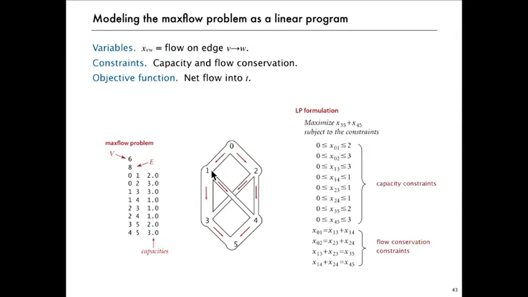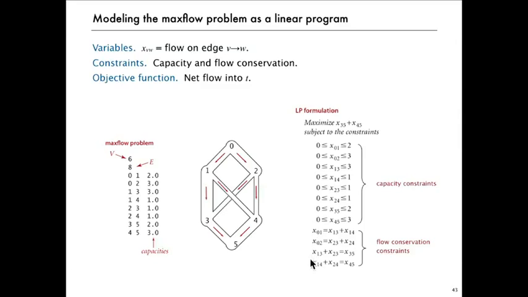And the other thing about the flow is that we said the inflow has to equal the outflow at every vertex. So we have a variable corresponding to the flow in each edge, and then we can just express the flow conservation constraints. The amount that comes into vertex 1, which is x01, has to equal the amount that comes out, which is x13 plus x14.